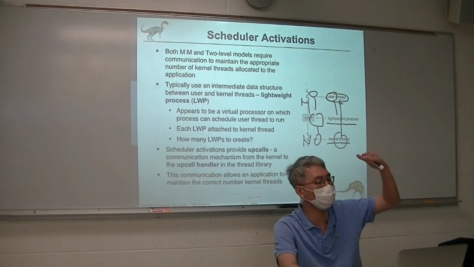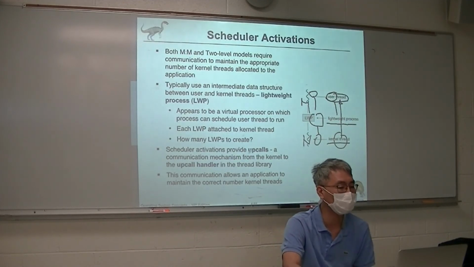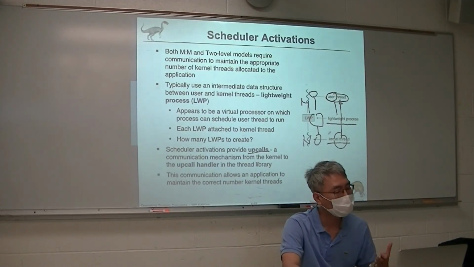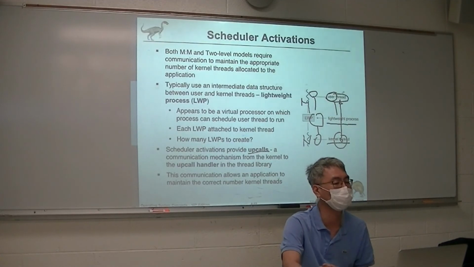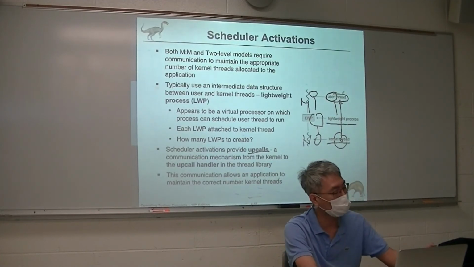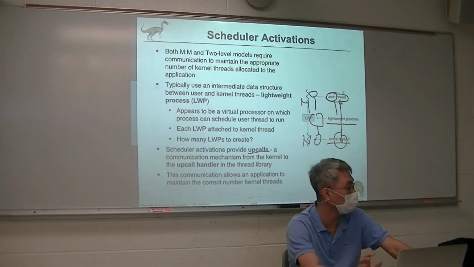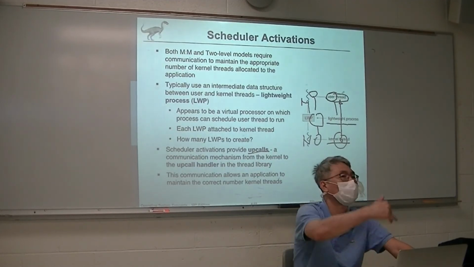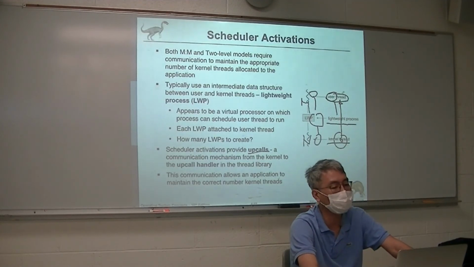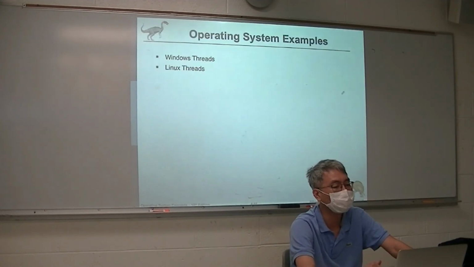It's the opposite way. At the time there is an upcall event, you can provide a way to communicate from the kernel thread to the user thread. This is based on the upcall handler in the thread library. So the thread library supports such a reverse way of communication also.